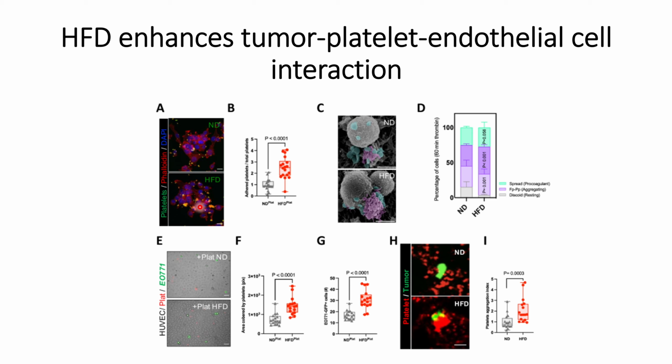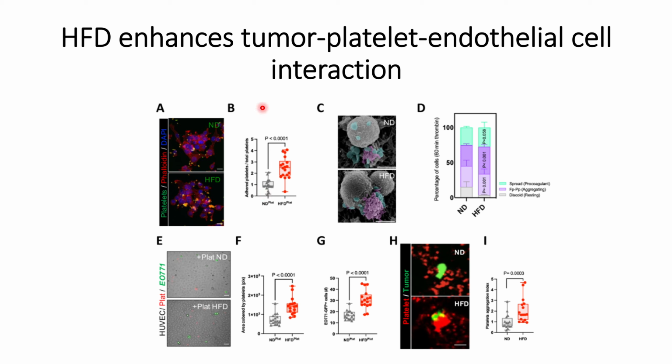Signals are higher in the HFD conditions compared to the ND conditions, and these are quantified in panel B, where the adhered platelets to total platelets ratio is higher and statistically upregulated compared to the control mice.